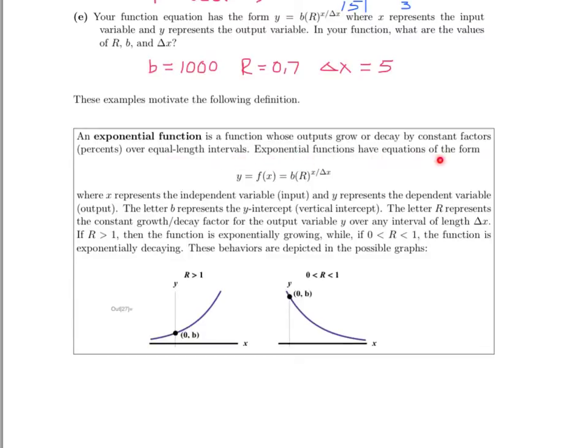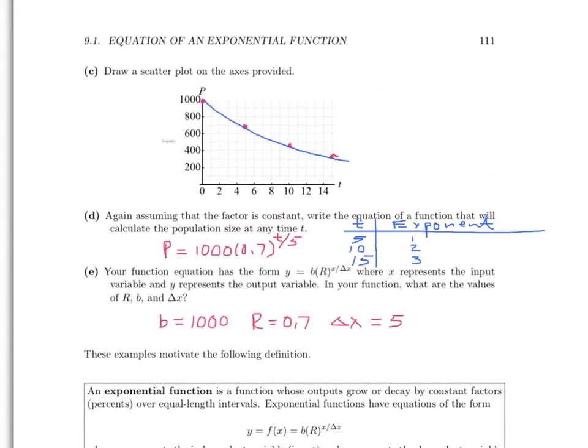Exponential functions have equations of this form, where x is the independent variable or the input, and y is the dependent variable or the output. The letter b represents the y-intercept or the vertical intercept. If you go back and look at our example above, b was 1,000, and you can see that 1,000 was the vertical intercept.